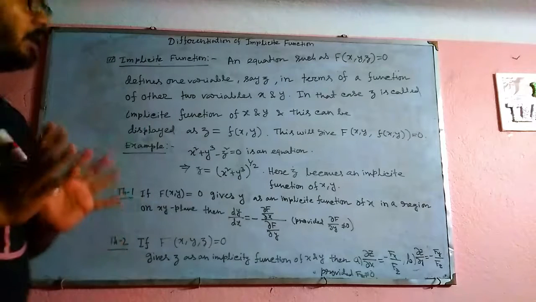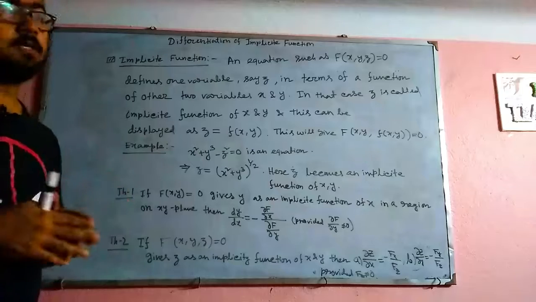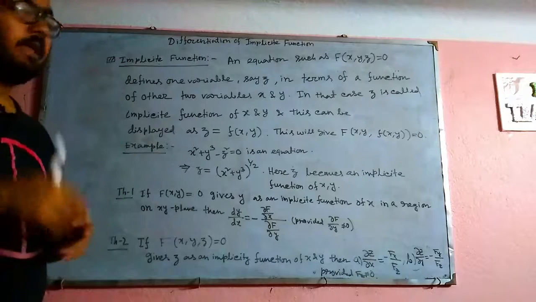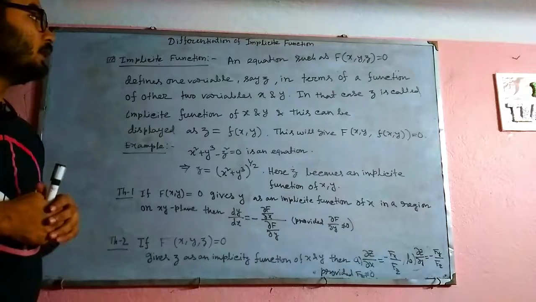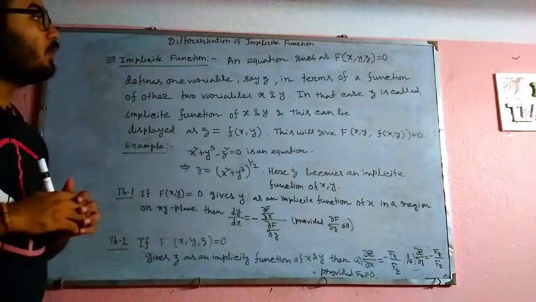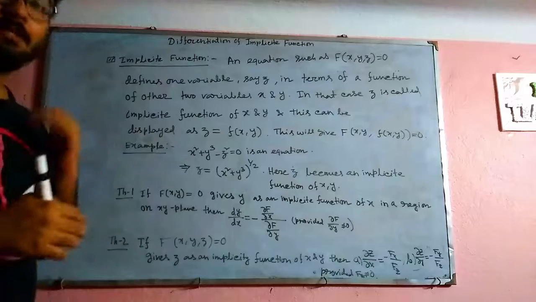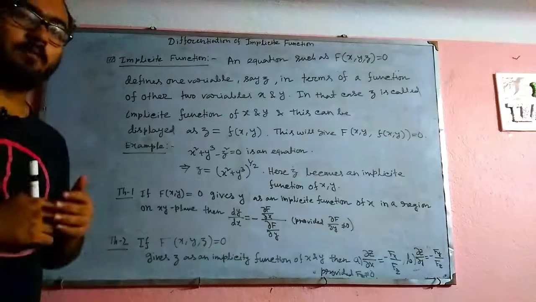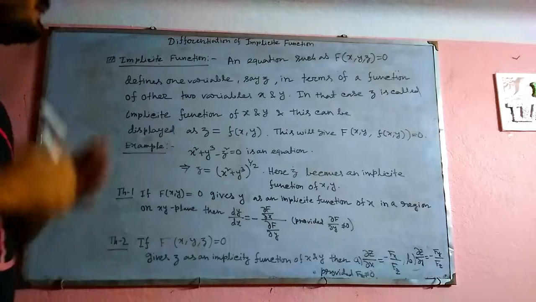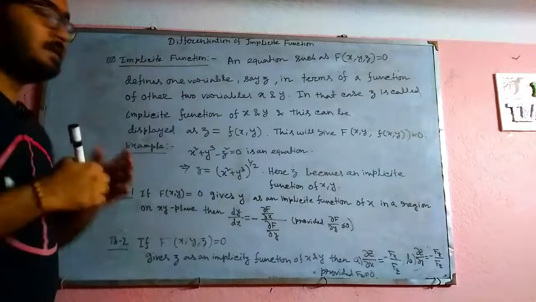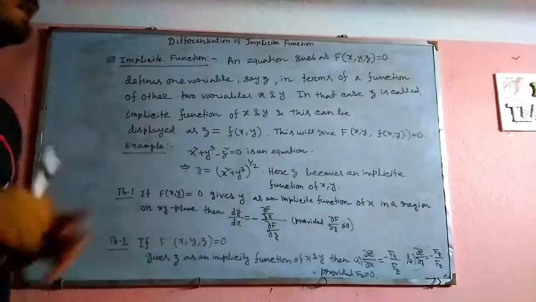See, if f is a function of x, y, z, and if we can write z as an expression of x and y, then we call z an implicit function of x and y.